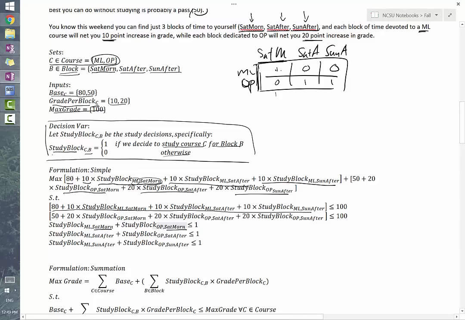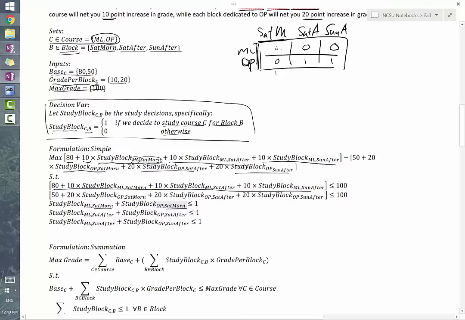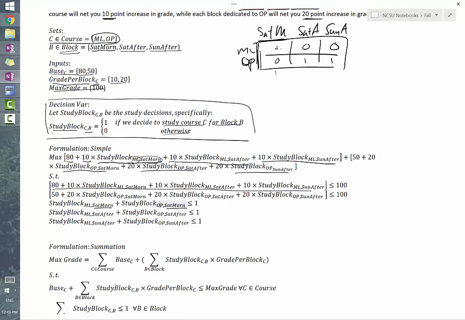You are utilizing binary variables to make a yes or no decision on each one of the courses and the days. So I think it will be easier to see this using the summation formulation, but if you want to formulate this straight in the simple formulation, these are going to be the equations you have to write. So here's your objective, and then you have 5 constraints.